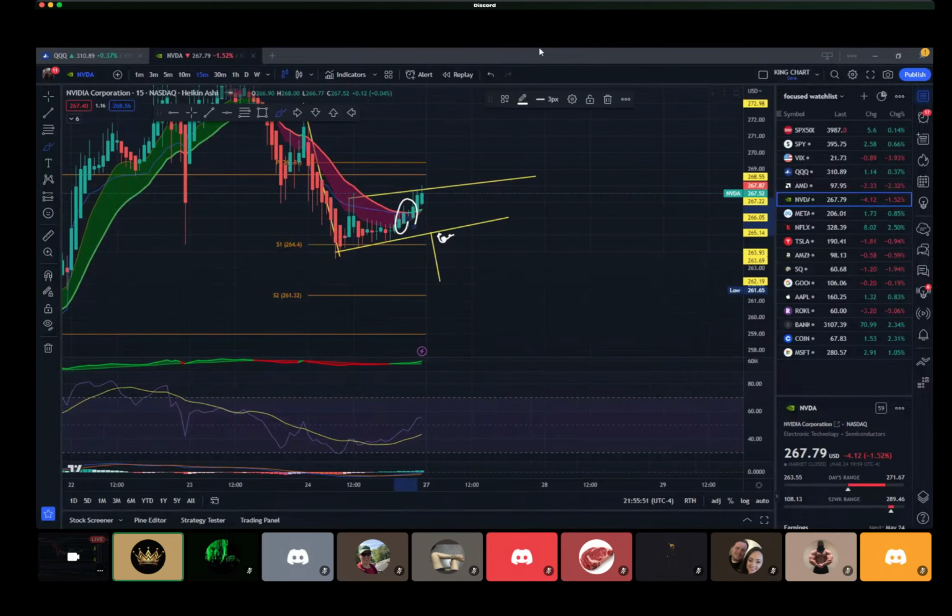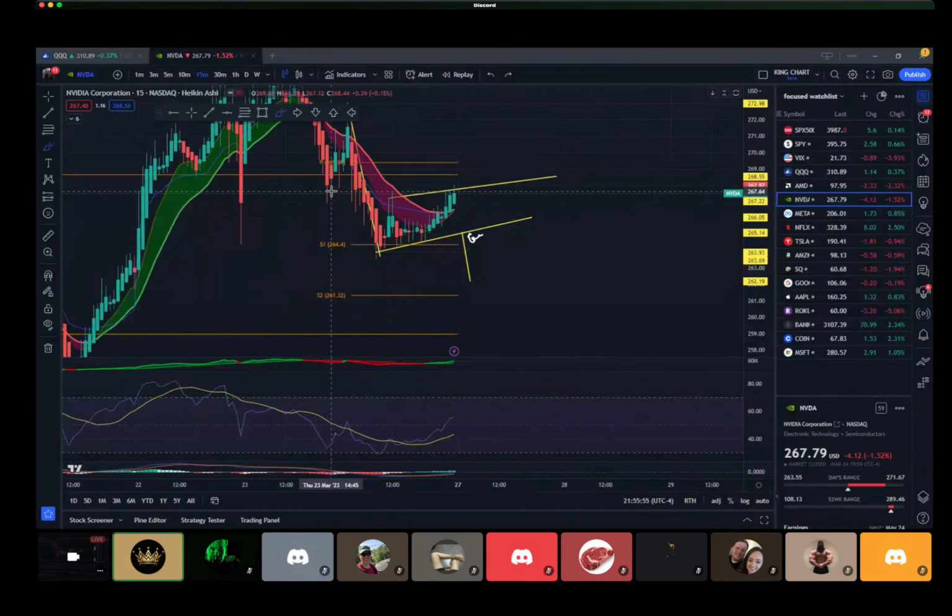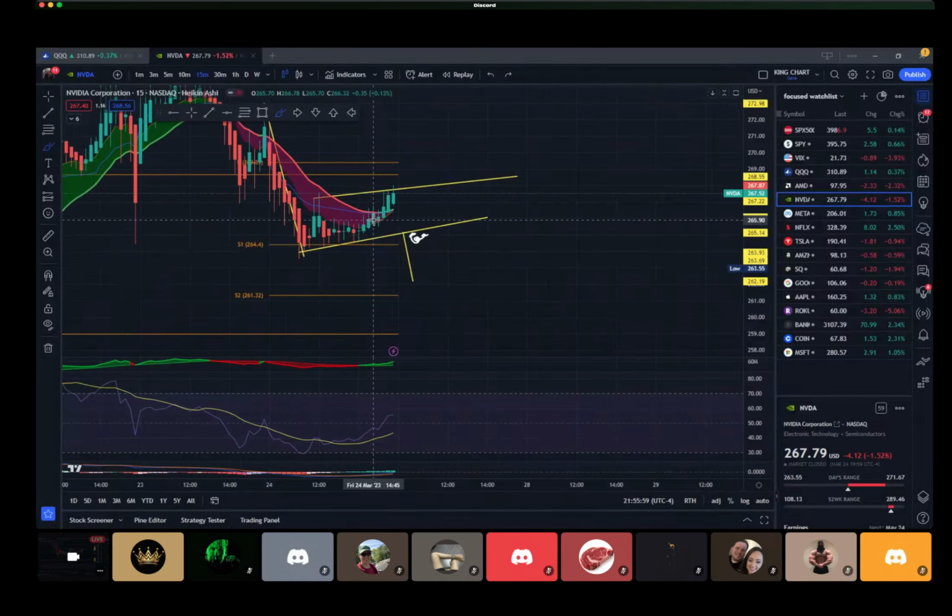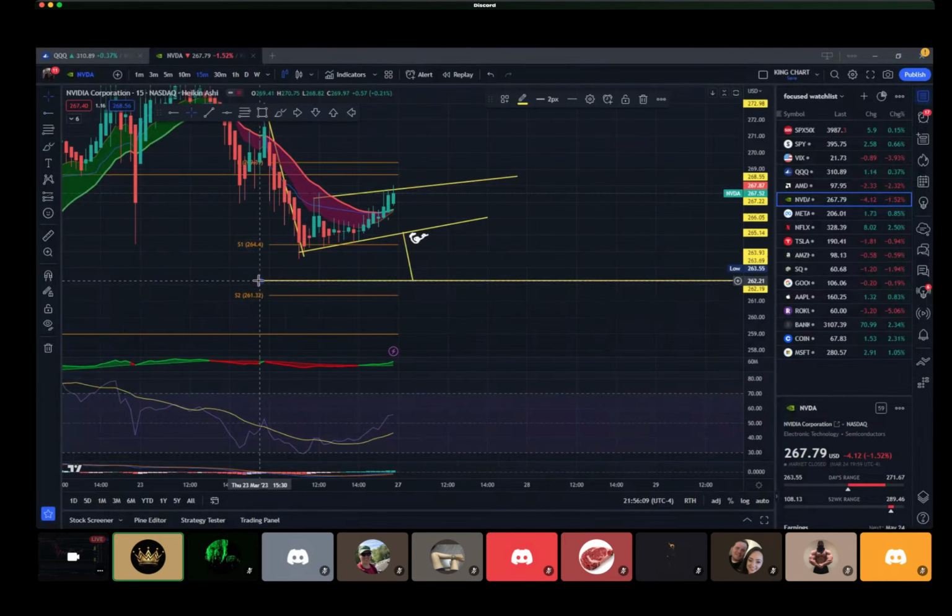If we get a little doji or something very indecisive outside of the break, then I won't enter. If we get a nice clean break, one of these fat candles, I'm definitely looking for a solid move to the downside to the measured move of 262.21.